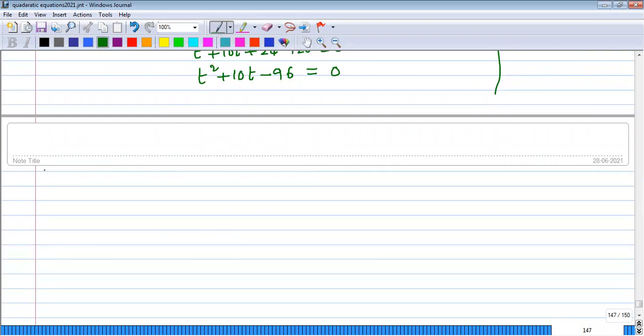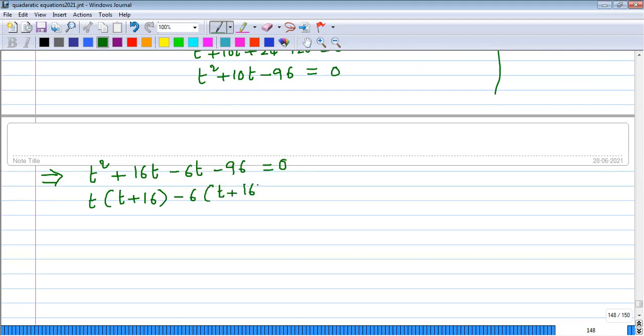So now we can write t square plus 16t minus 6t minus 96 equals 0, right? So t common, we have t plus 16, minus 6 common, we have t plus 16 equals 0. Again we can take out common t plus 16 into t minus 6 equals 0. We have t plus 16 equal to 0, t equals minus 16, and t equals 6.